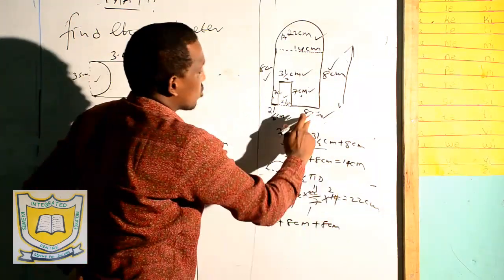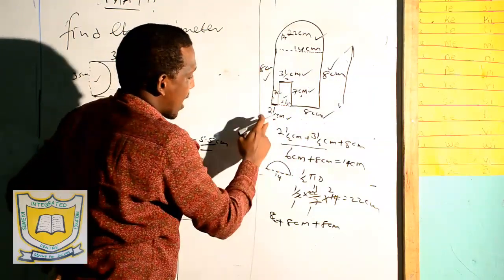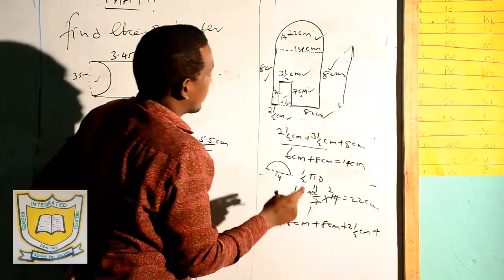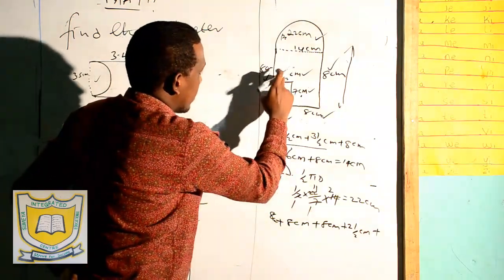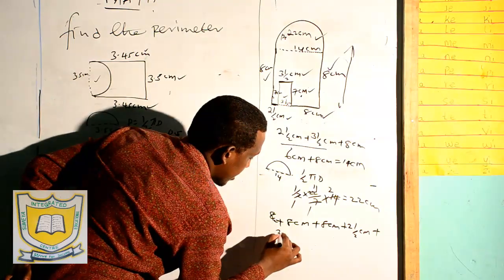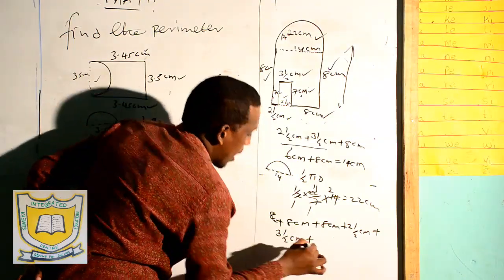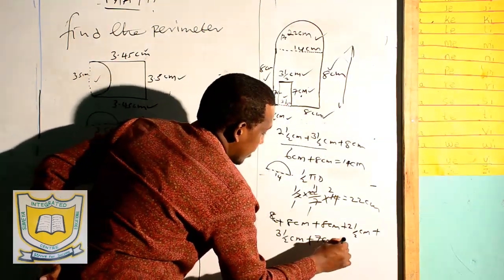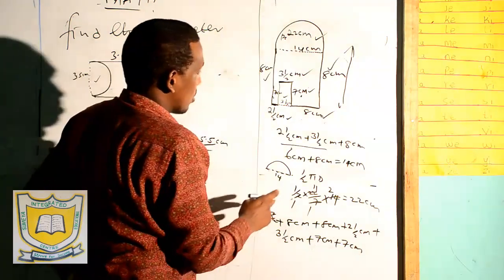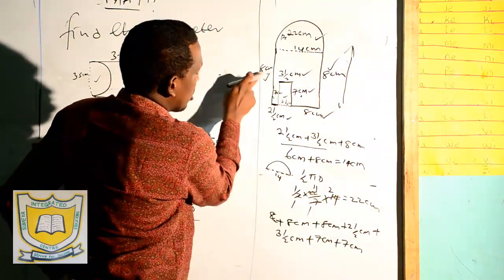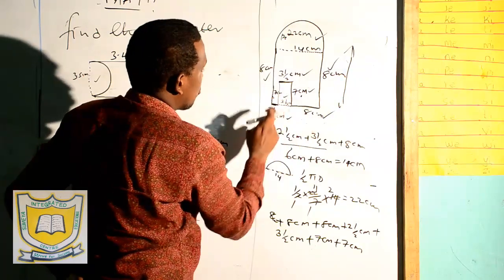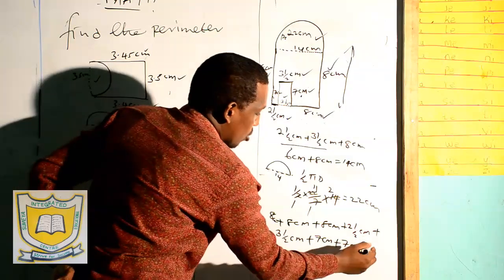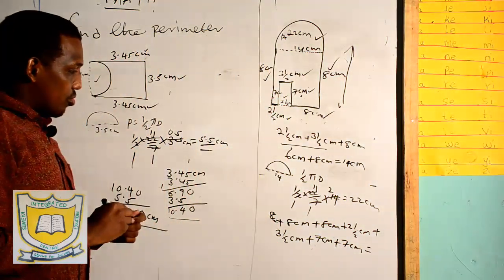There are 3 8 centimeters, 1, 2, 3, plus 2.5 centimeter plus 3.5 centimeter plus 3.5 centimeter plus 7 centimeter plus 7 centimeter. So we add all of them.